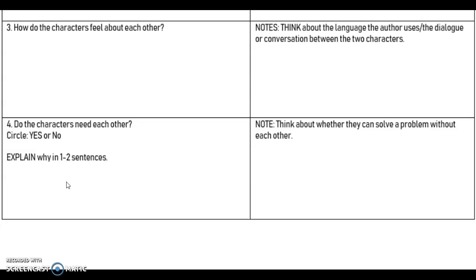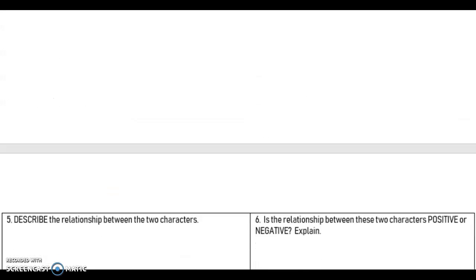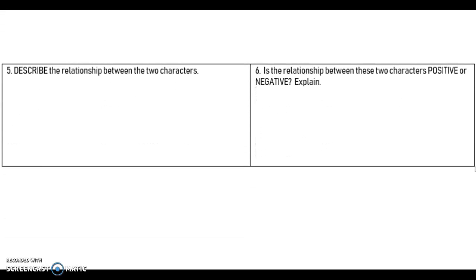They started out being afraid of one another, but they did end up needing each other. And the relationship kind of started off a little bit negative, and then it eventually changed into a positive relationship, okay? So you're going to be thinking about that as well, okay? And ultimately, again, you're going to describe the relationship between the 2 characters and once again determine whether that relationship is positive or negative, okay?